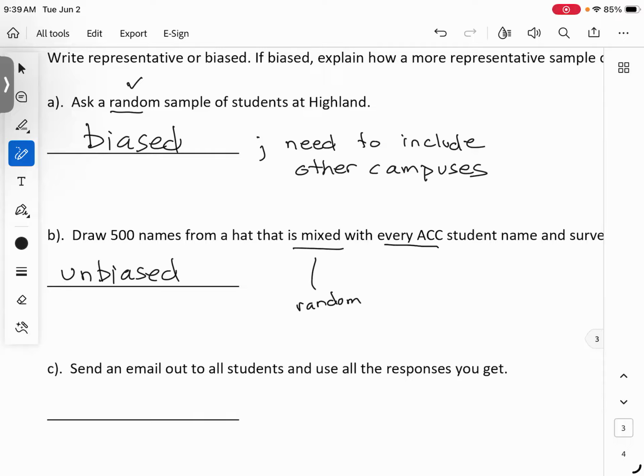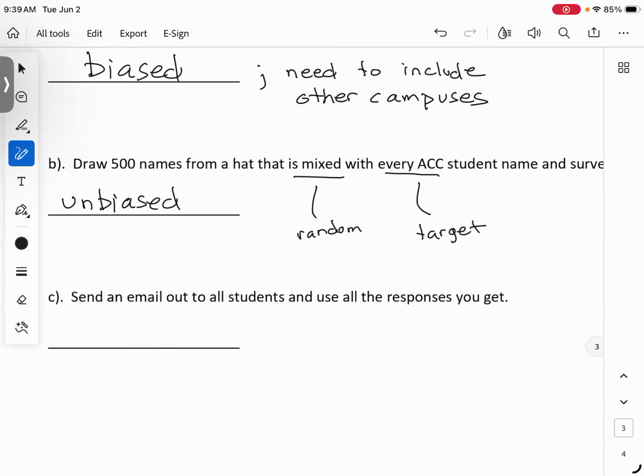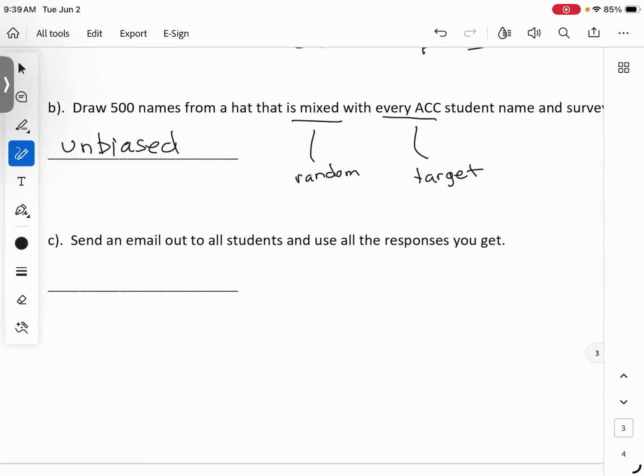And then every student was represented. So those are the two main things you're looking for. And the bigger of the two, the one at the top of the hierarchy, is the randomness. Then of course, we want ACC students. We need to give everyone a chance of being selected and not accidentally do Texas State students if that's not who we're after.